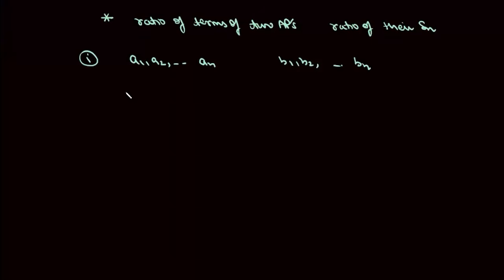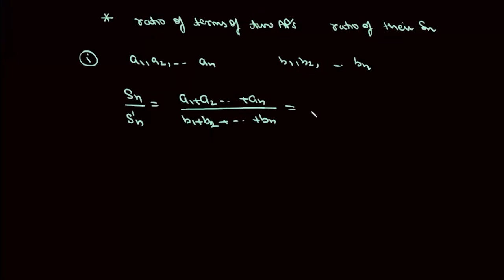Now we are given Sn upon S dash n. Now Sn is the sum of n terms of this first AP, and this is the sum of n terms of this second AP, and this is some function of n, say f(n) by g(n).